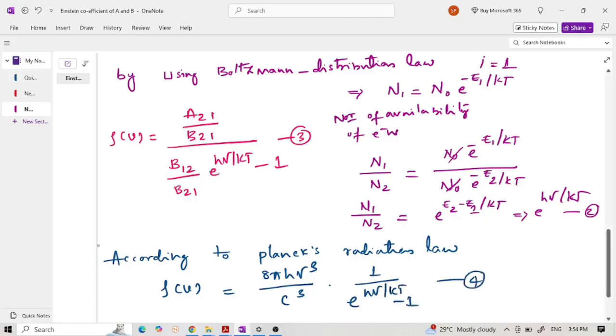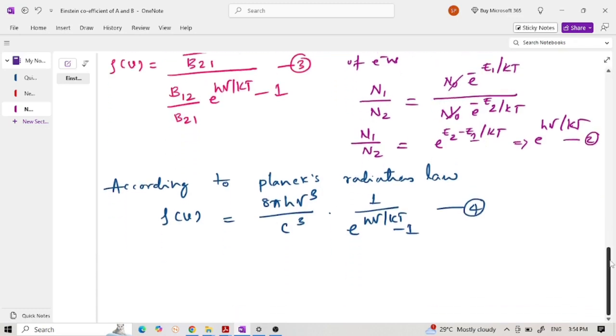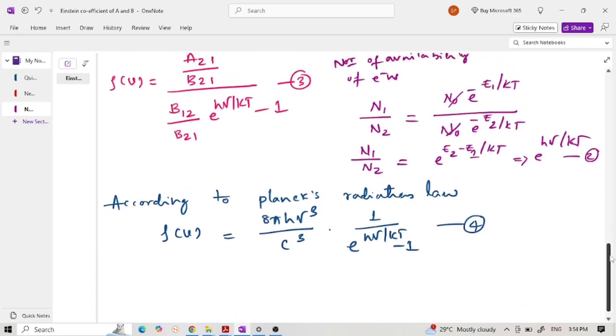This is equation number 4. Now compare equations 3 and 4.